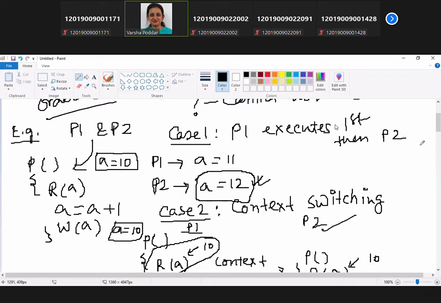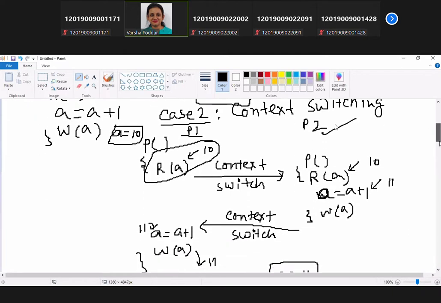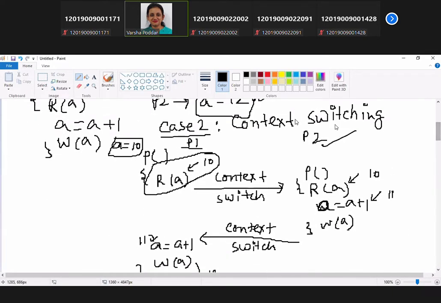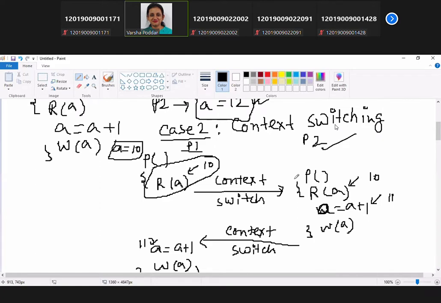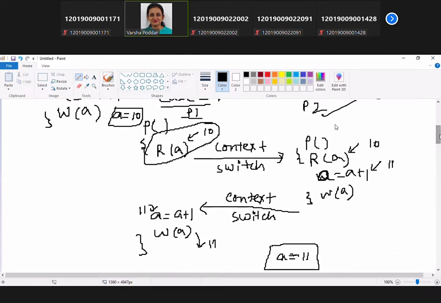The same two processes are working in a different scenario. In the first scenario, one runs after the other, and in the second, there is a context switch in between the process. You might think that P2 is writing 11 on the memory, so when P1 next executes, it will get 11. But no, P1 will not get 11 this time, because P1 is using its own cache.